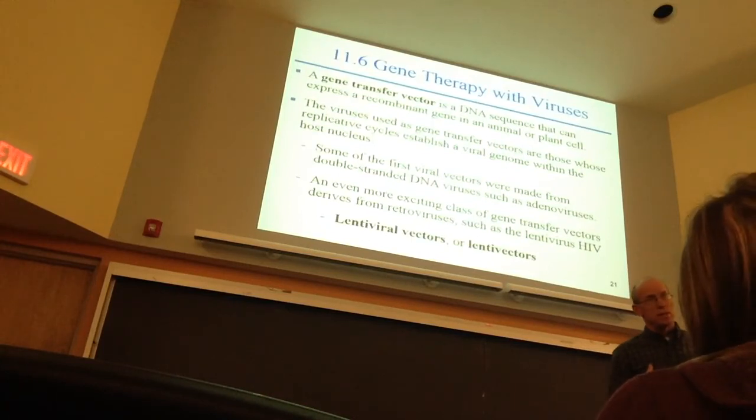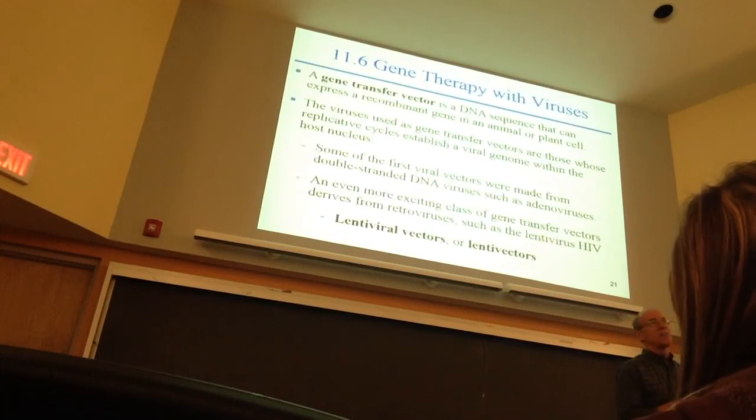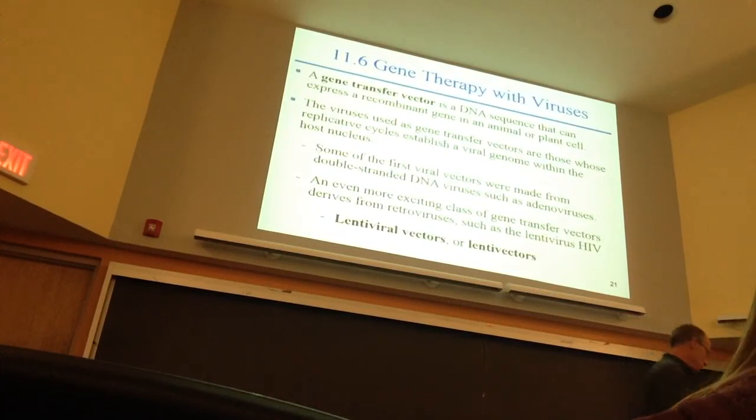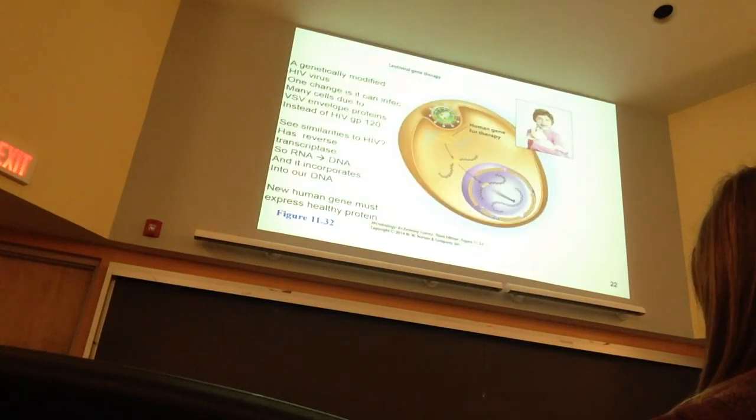We are double-stranded DNA, and so whatever vector you deliver needs to have double-stranded DNA. That's why adenoviruses were first used. But more successful has been the single-stranded RNA virus using reverse transcriptase to make double-stranded DNA, using this whole lentivirus approach that HIV uses. So they're called lentiviral vectors, or even lenti vectors.